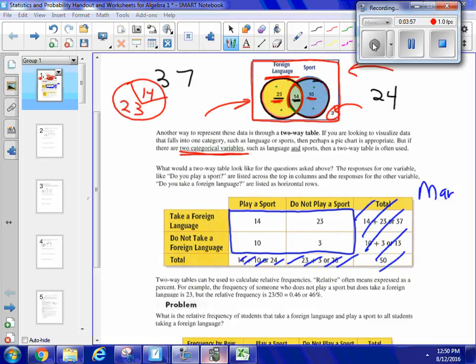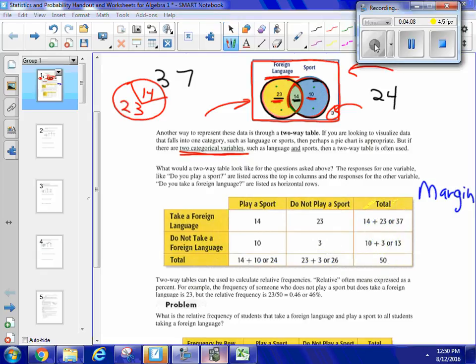And what we do in the margins is we add across and down. So this margin right here, I'm adding 14 plus 23, and I would have the number 37. That is the number of people that take a foreign language. Is that right? Well, sure it is. We can see it back here from our Venn diagram.